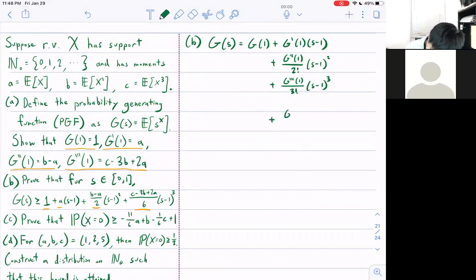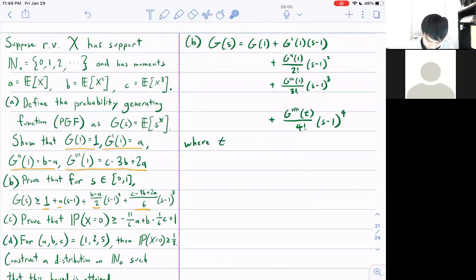So we have this to be the fourth derivative at some value t divided by 4 factorial times s minus 1 to the fourth power, where this value t is in between s and 1, depending on how large the value of s is.